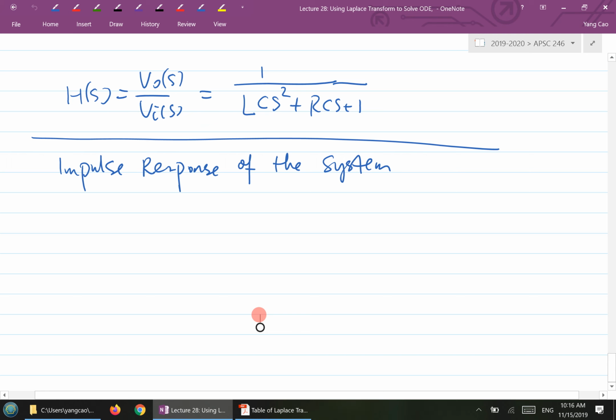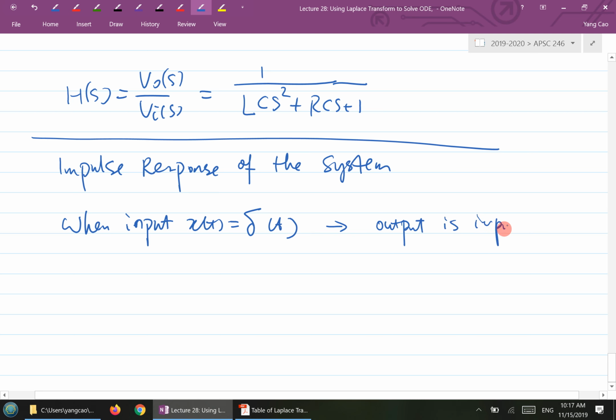So here's how. When input x of t equals delta t, that's the impulse signal, we get the output, which is the impulse response. We call that h of t.